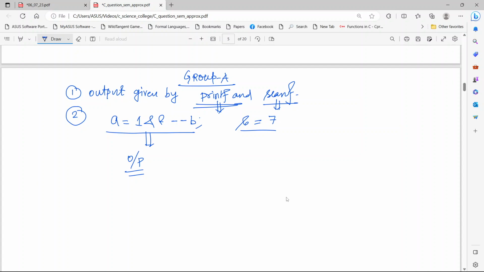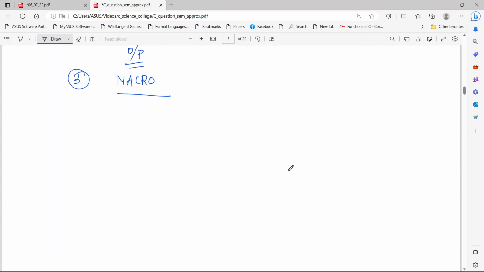And the third question I give from the macro. What do you mean by the data should be different?